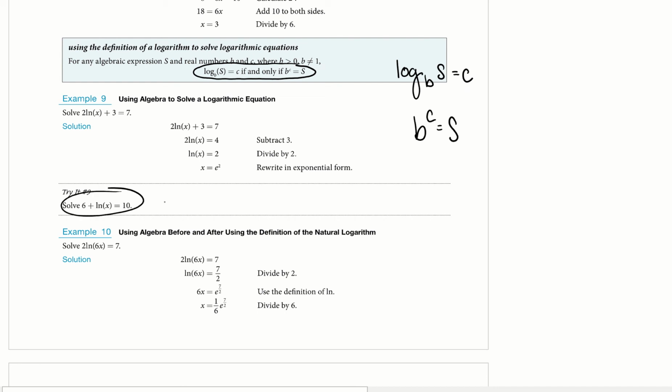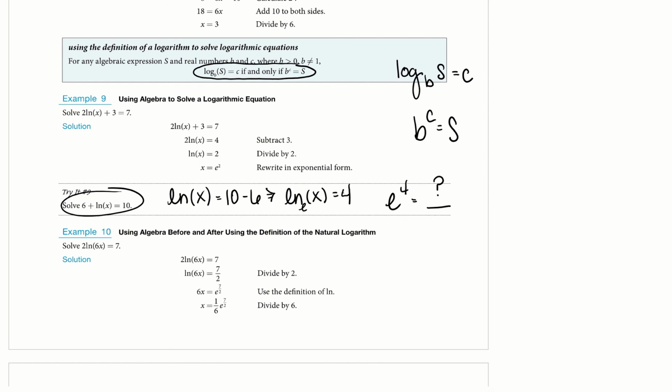So if we wanted to solve this one, I'm going to subtract over that 6. So it's going to give me ln x equals 4. Now I know ln is base e, so this is going to give me e to the 4 equals x.